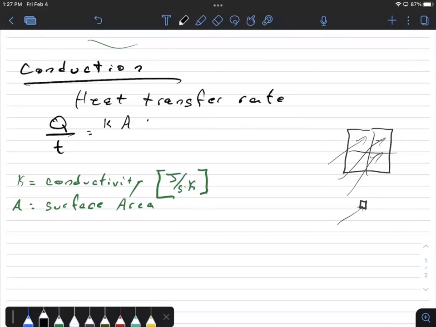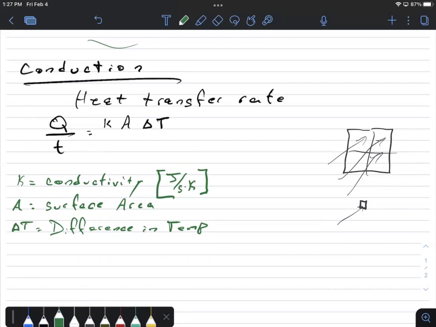Then there's a term, delta T, where delta T in this case does not mean the change in temperature, but rather the difference in temperature. And of course, what I mean here is, just like I said, inside your room, it's 75 degrees Fahrenheit. Outside, it may be 35 degrees Fahrenheit. So there's a big difference in temperature.